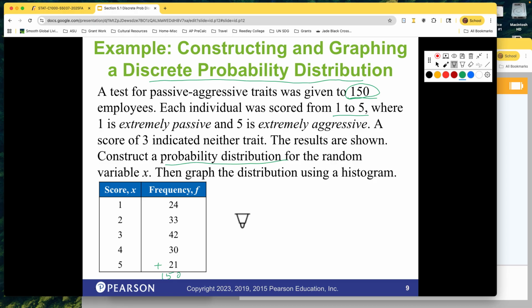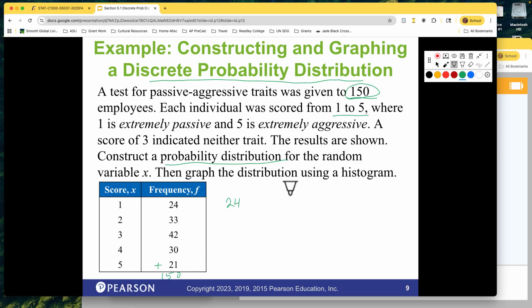What do we do mathematically to get relative frequency? We take the frequency, and we take the total. Do we add, subtract, multiply, or divide? Divide, the opposite of multiplication.